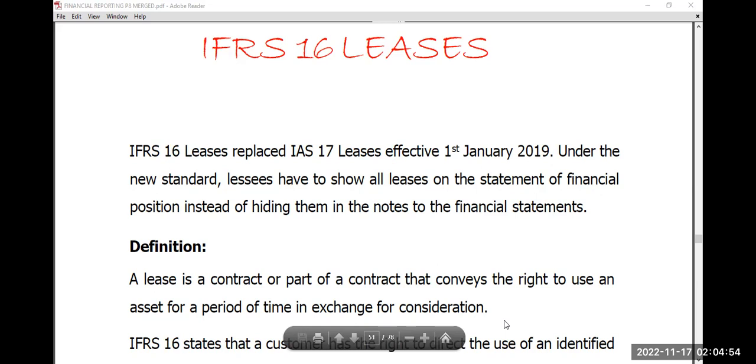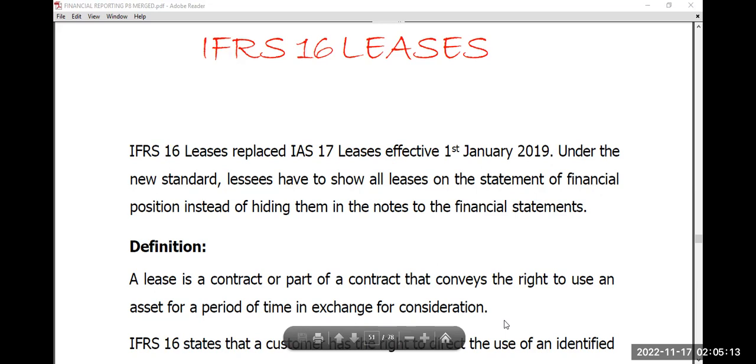For the start, we are saying that IFRS 16 Leases replaced IAS 17, and it was effective 1st January 2019.